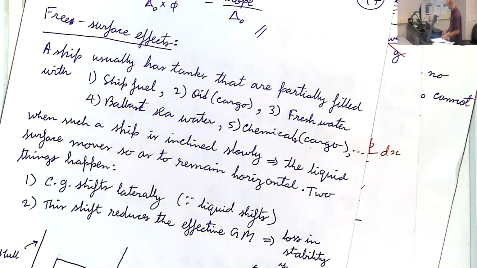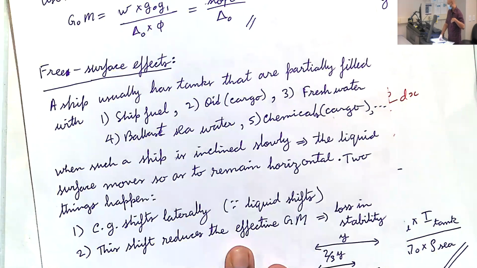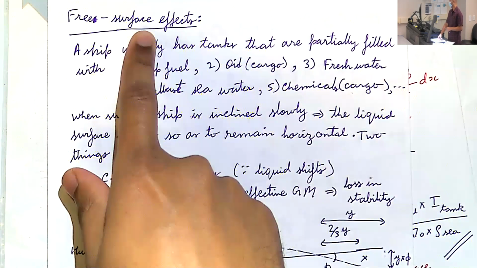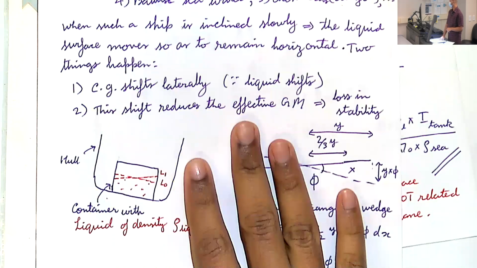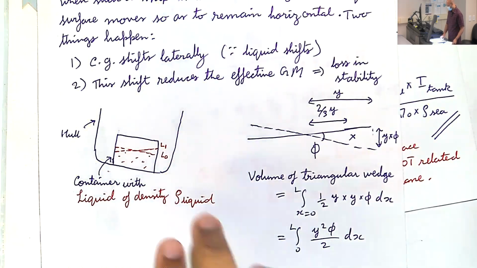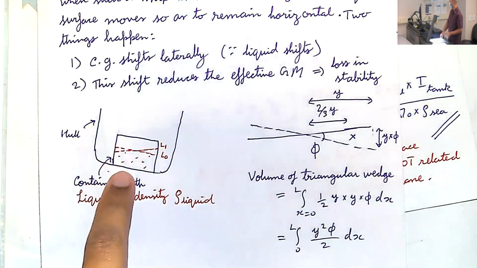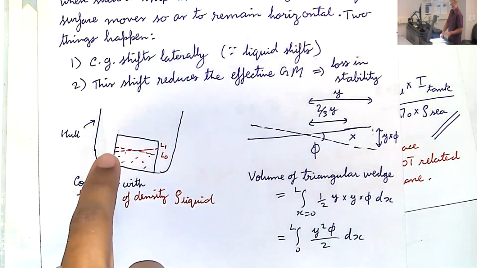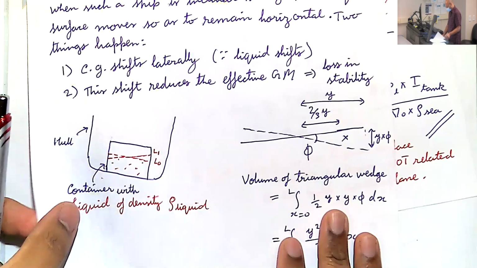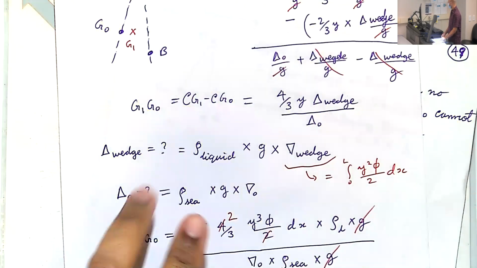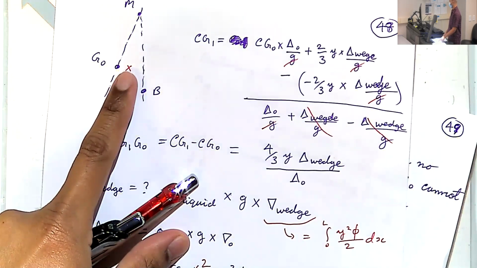All right, so if you remember, last time we were talking about free surface effects. So on your boat, if you have a container that's partially filled, it can cause problems because when the hull tilts, the liquid inside will start sort of sloshing, and that changes the G location, the center of gravity location.